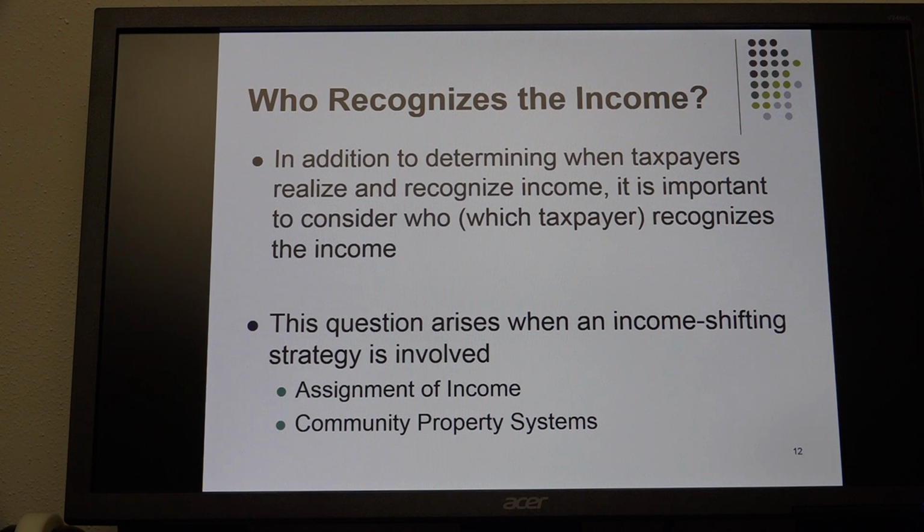So I can't tell my employer, hey, instead of paying me for my services, pay my son who is in a 15% bracket rather than pay me in my 36% bracket. If I could do that, I'm saving 21% in taxes, right? Actually, it wouldn't be 21%, but at least on the marginal income it would be. It would be some average.